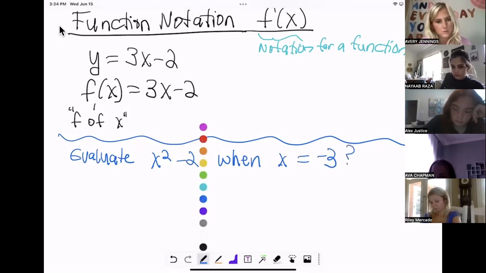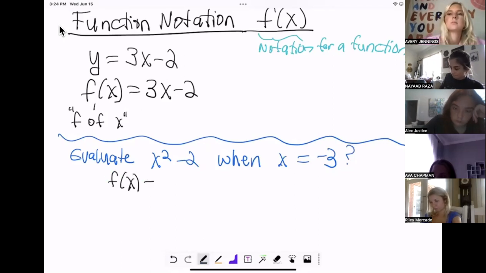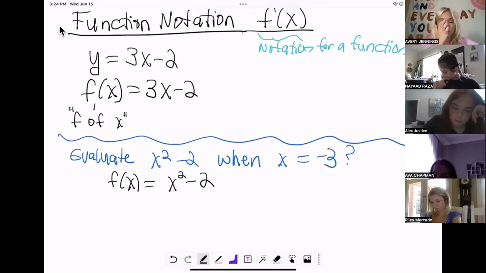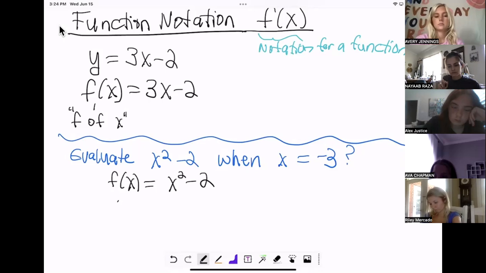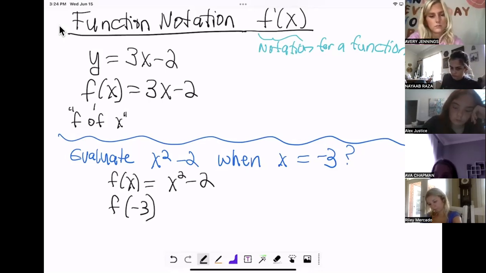Well, there's a shorthand way to write it with function notation. So I'm going to rewrite this with function notation. x squared minus 2 is a function, so I can put f of x equals x squared minus 2. And then I want you to find f of -3.